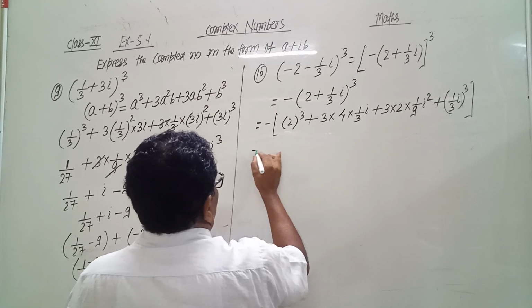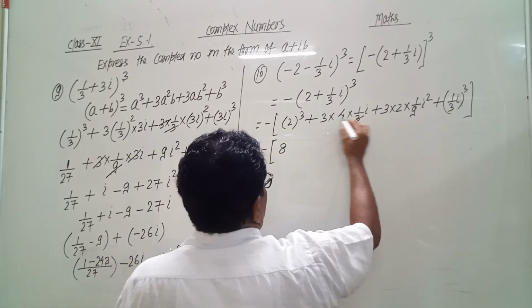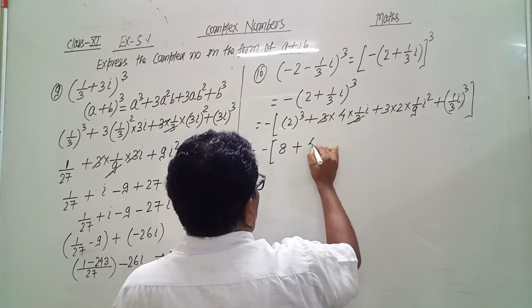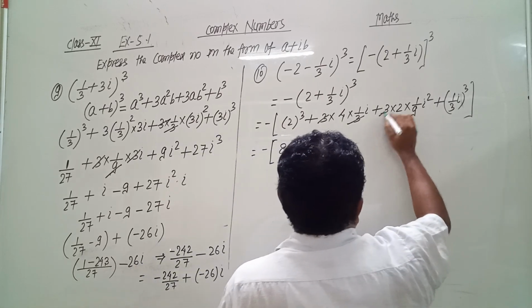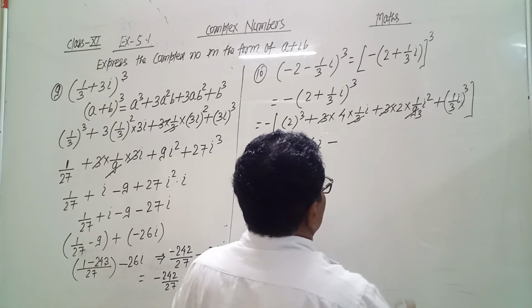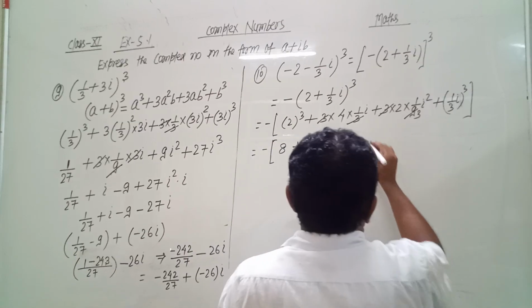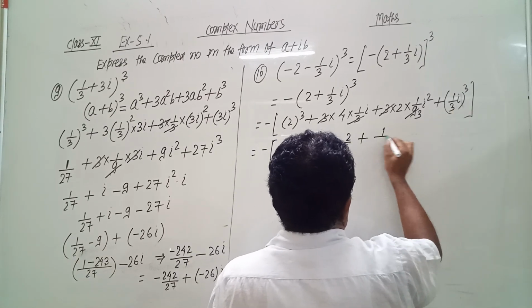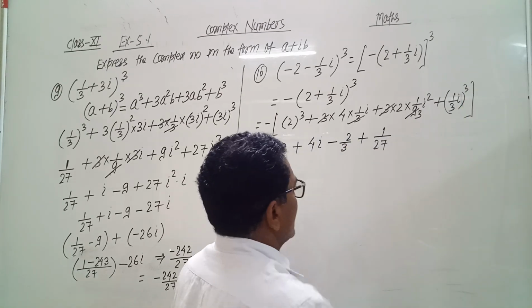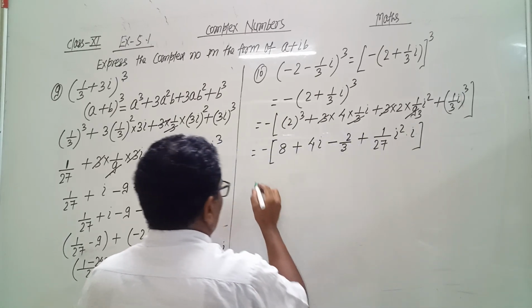So minus, 2 raised to the power 3 is 8, plus 3 and 3 get cancelled and it comes 4i, plus 3 into 2 into 1/9, and i² is -1, so minus 2/3, and plus (1/3)³ which is 1/27, and i³. i³ is written as i² into i.